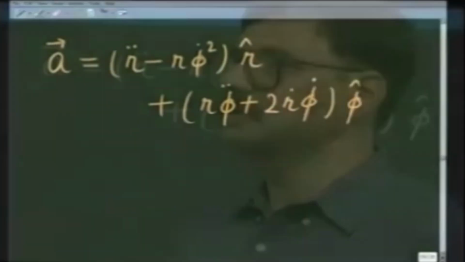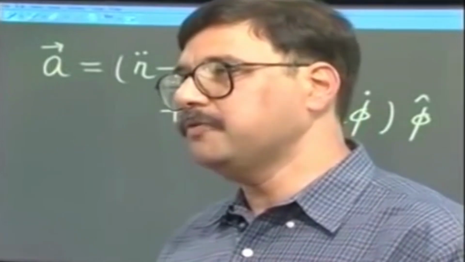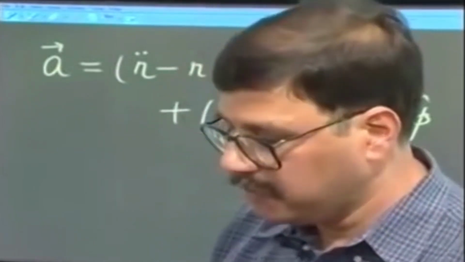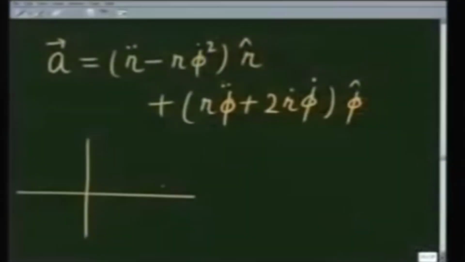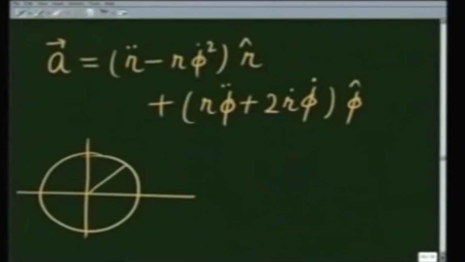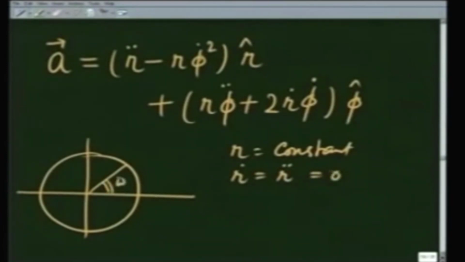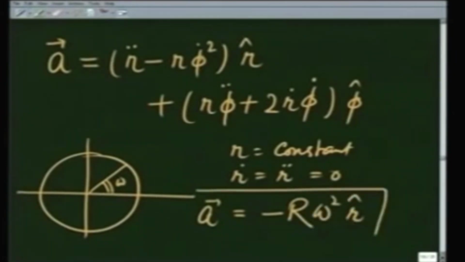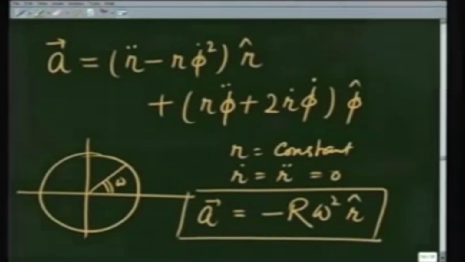This relationship looks quite complicated, but let me give you again a familiar example of a particle moving in a circle for which r is constant, and therefore r dot is equal to r double dot is equal to 0, and if it is moving with constant angular velocity omega, then A comes out to be minus the radius of the circle times omega square, in the r direction, which is your familiar centripetal acceleration.